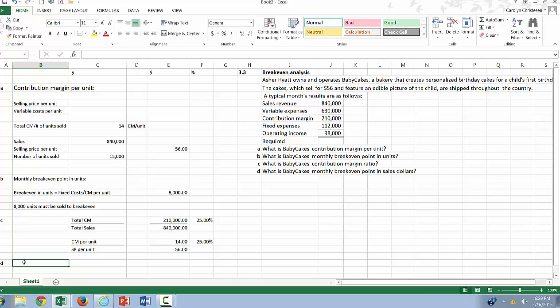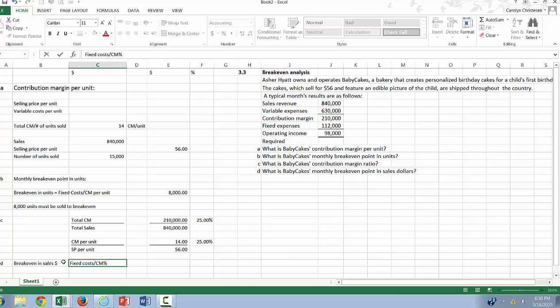Okay, finally we need to calculate break even in sales dollars. Again, we have two choices. First, we can use the formula for break even in sales dollars. Break even in sales dollars is equal to fixed costs divided by the contribution margin percentage.